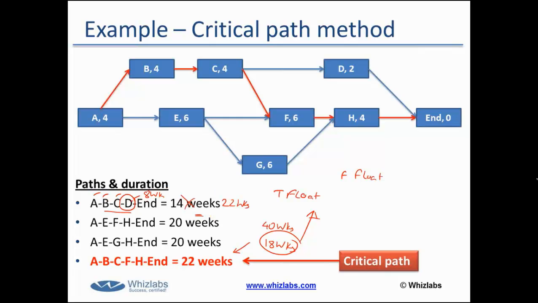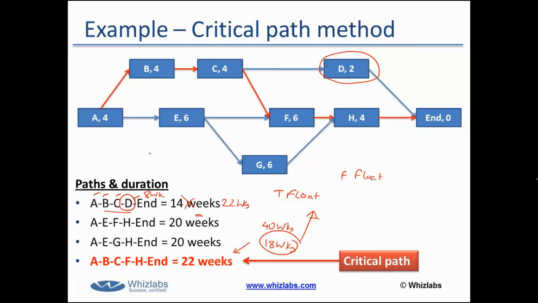What I'm saying is, as the duration of A, B, C, D, end is 14 weeks, and A, B, C are already on the critical path, I have flexibility on activity D that even if I delay that activity by up to 8 weeks, it does not impact the overall project schedule. So that indicates the flexibility on a particular activity that I have. That is free float for activity D.